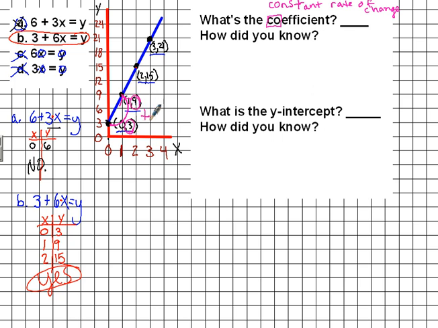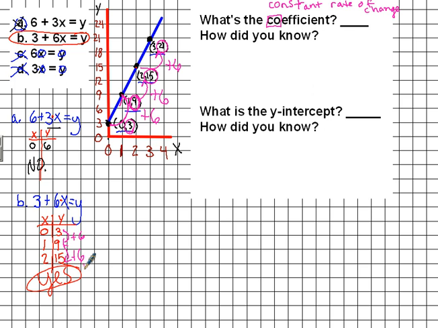So I am going up 6. Then I am going from 9 to 15, which again is going up 6. Then I'm going from 15 to 21, which again is going up 6. If it's difficult for you to look at your graph, remember that you can always go back to your table and see that you are going up 6 every time.